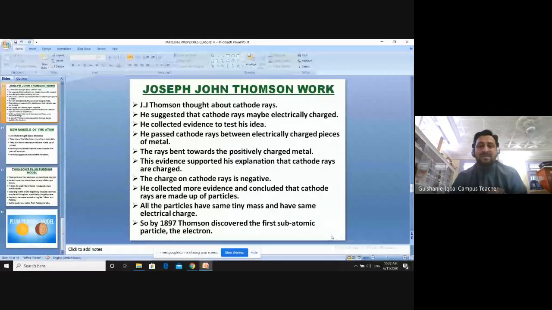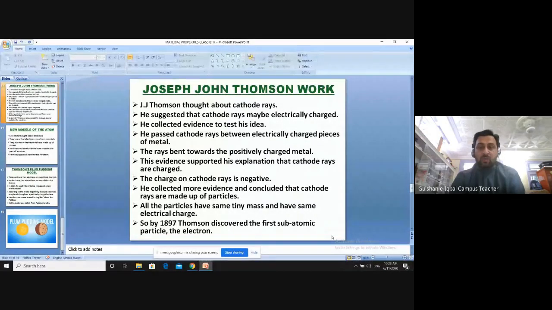That charge is negative. So by the year 1897, J.J. Thomson discovered the first subatomic particle, that is the electron. The electron is a negatively charged particle. So the evidence about the cathode rays suggested that an atom has a negatively charged particle, and that negatively charged particle was named the electron.